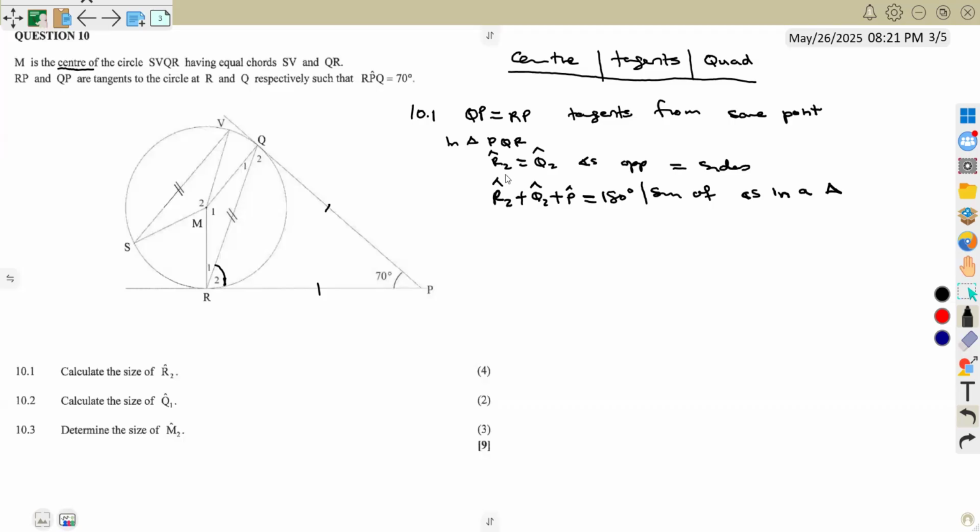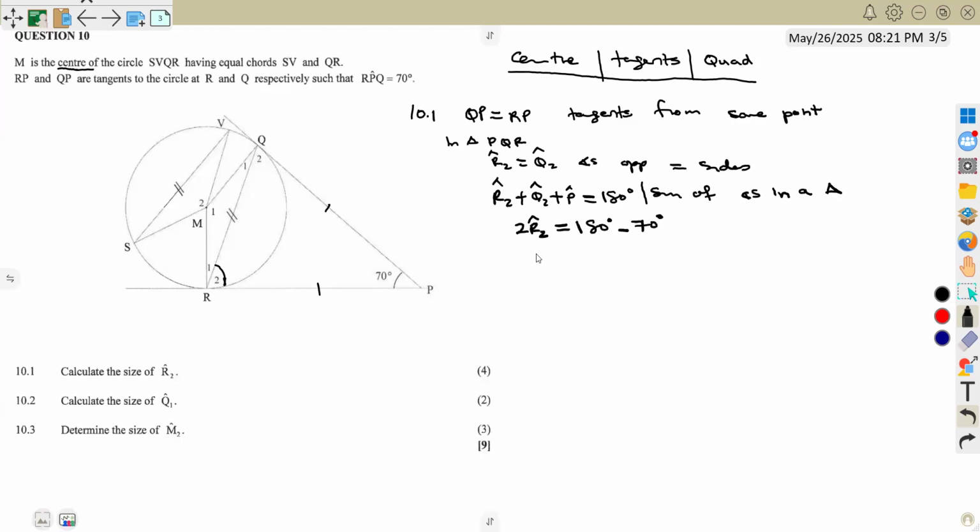But we concluded that R2 and Q2 are equal, so we substitute R2 for Q2. R2 plus R2 becomes 2R2, which equals 180 degrees minus P. The size of P is 70 degrees.